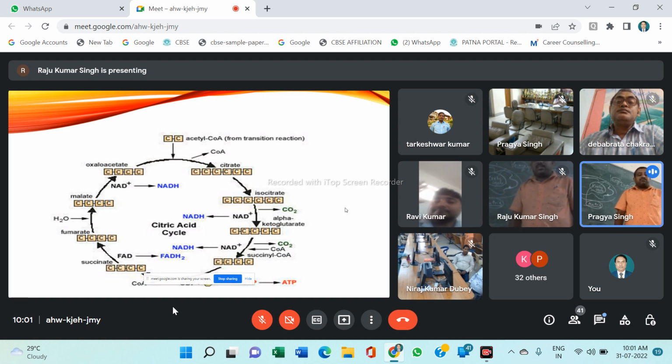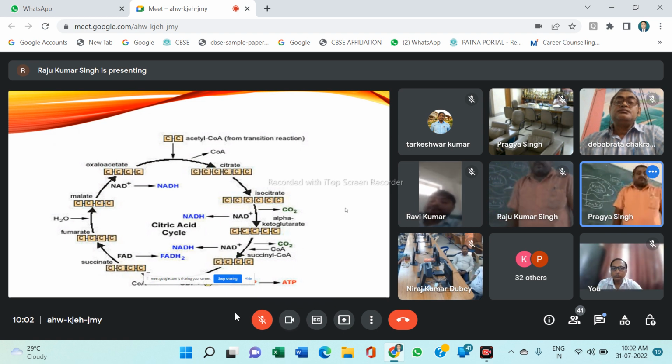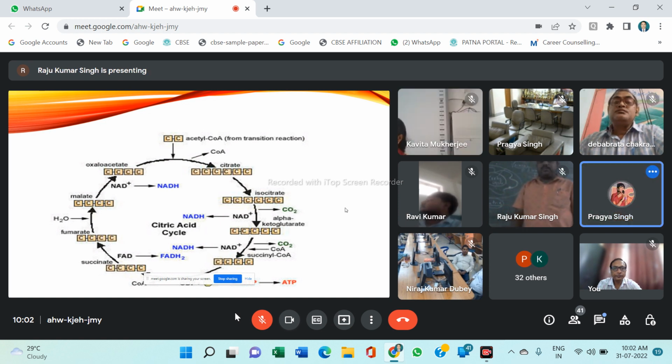Again, from this 5-carbon compound, a 4-carbon compound is formed, that is succinyl CoA. Succinyl CoA is a 4-carbon compound because alpha ketoglutaric acid undergoes oxidation along with decarboxylation.